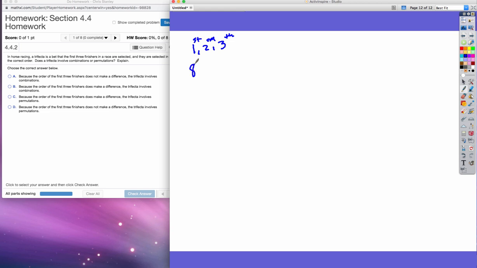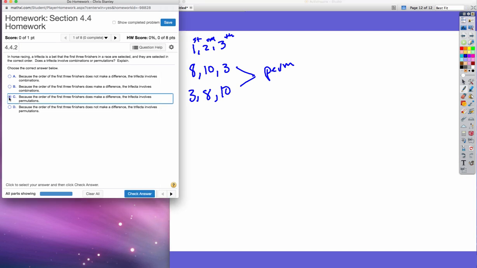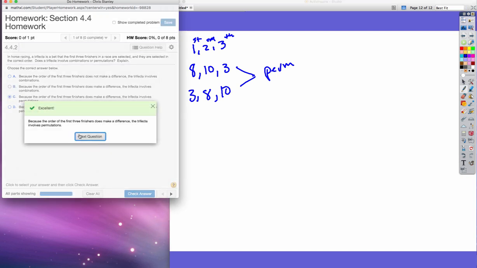And let's say the 8th came in first, let's say the 10th came in second, and let's say the 3rd came in third. If you change the order, that's a different arrangement. So this is a perm, because the order does make a difference. The trifecta is a permutation.